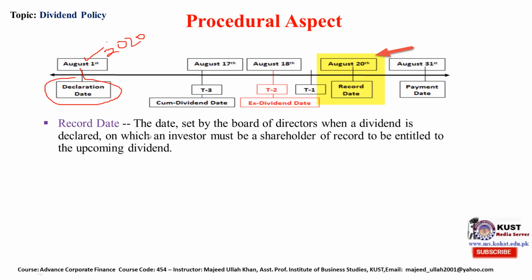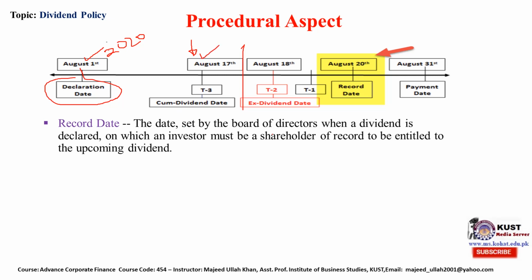Now it will declare the dividend as well as give a certain time, let's suppose until 17th of August, by which people should register their name in the share register of the company, and those who appear in the share register will receive a dividend. So it is called the record date.